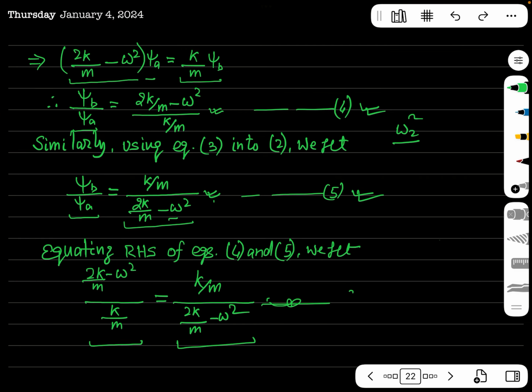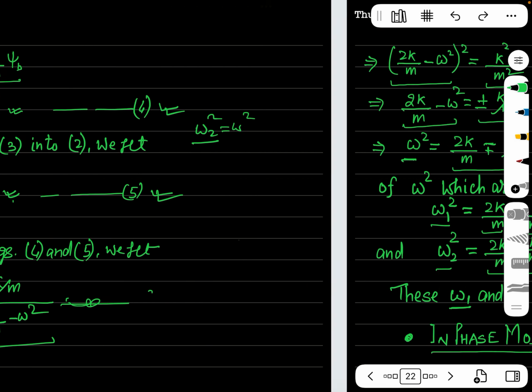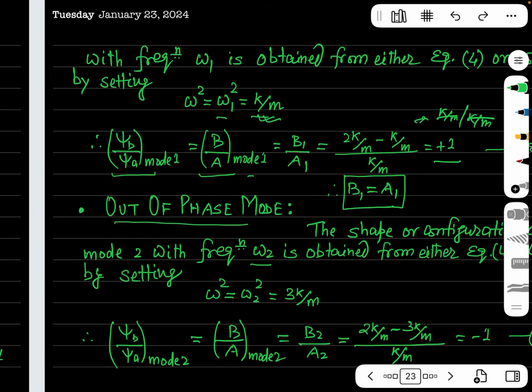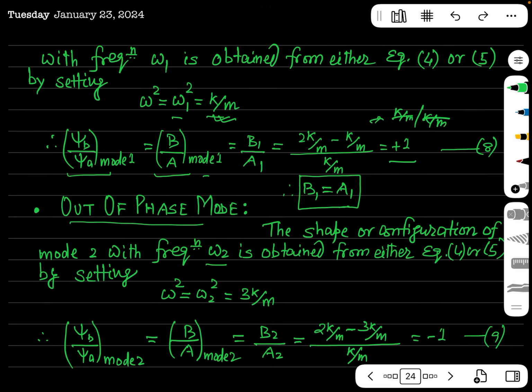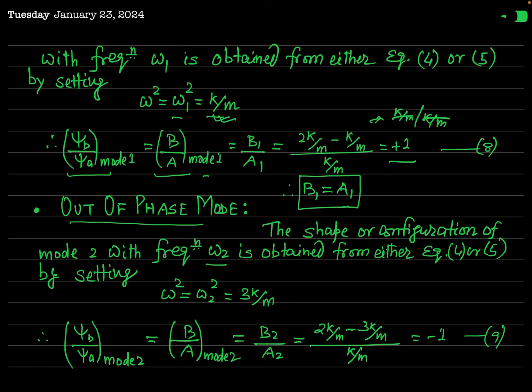When you will substitute omega 2 square at the place of omega square in this equation 4 or 5, you will get the value of psi B by psi A in mode 2, which is called the shape or the configuration of the mode. So let us see what will be this. This psi B by psi A in mode 2 will be equal to B by A in mode 2, and we write it for convenience B2 by A2.